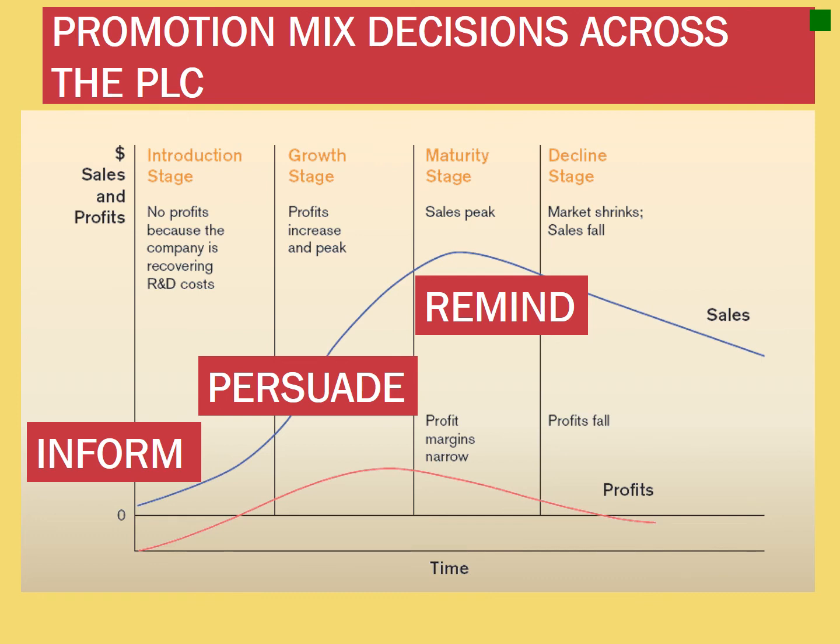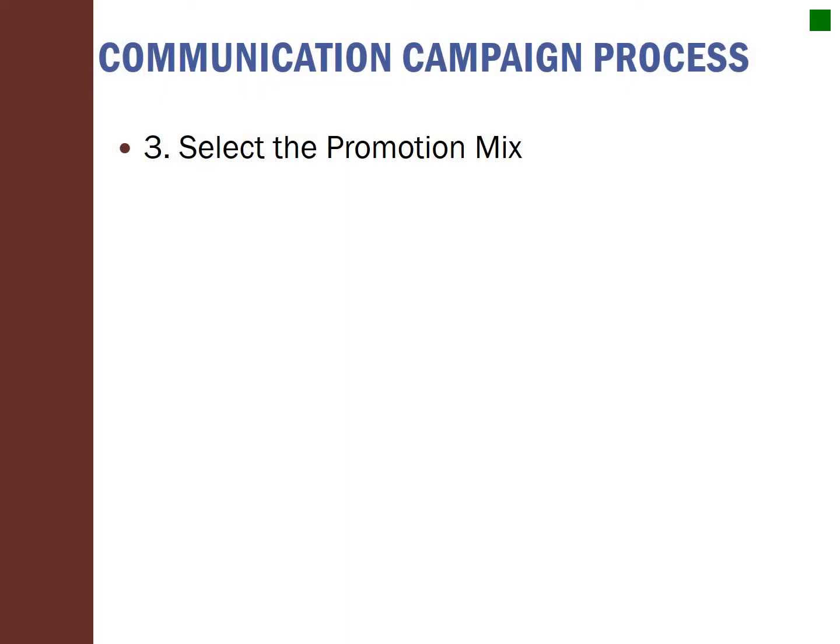We may also do some promotions which encourage people to come in and buy now, and they really motivate consumers to buy quickly and in a lot of volume. So again, the mix that we're using can vary by product life cycle stage, and what the objectives are as you move through those stages.